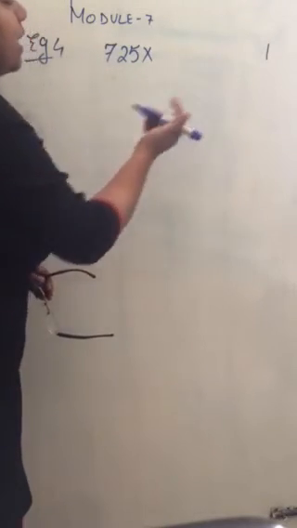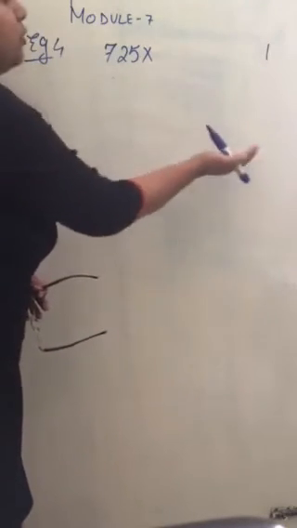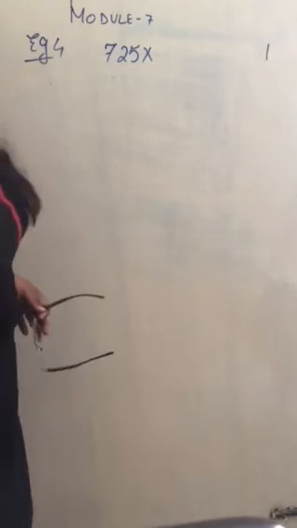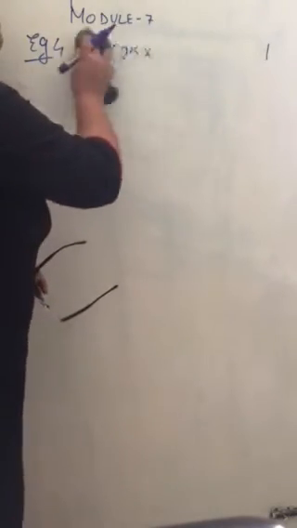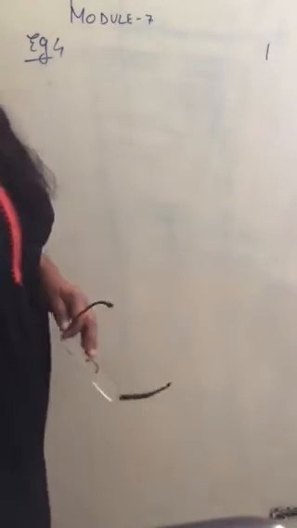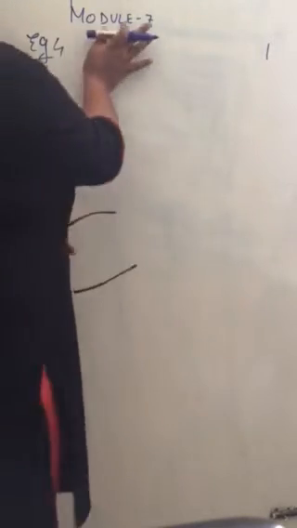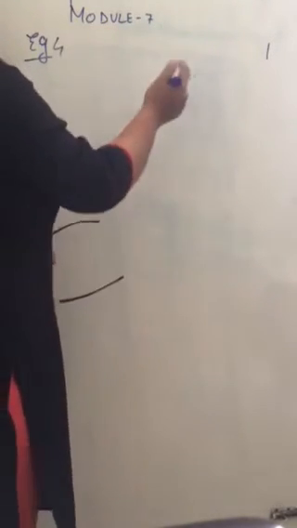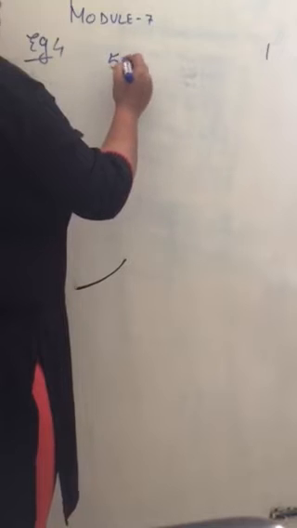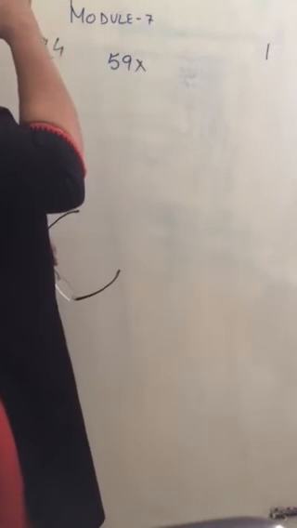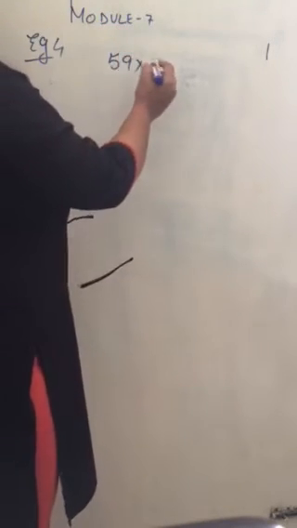Suppose I write it as, what should I write? Let me take a smaller number. 725 also I'll rub. Okay, what do you want me to take? 59. Okay, one number is 59, and what can I take for the other one? 17.